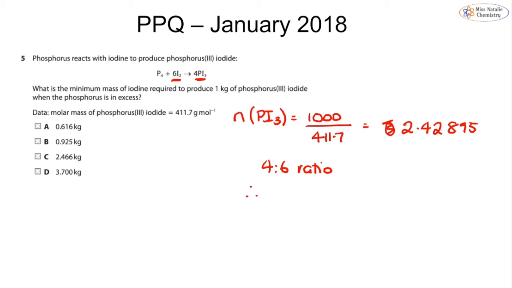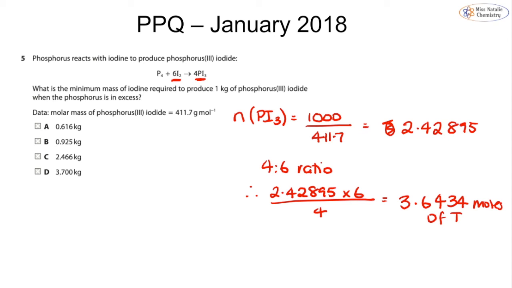So to get my ratio, I do 2.42895 and I multiply by the second number and divide by the first, and that is going to give me an answer of 3.6434 moles of iodine.